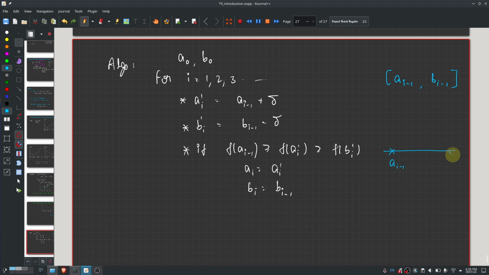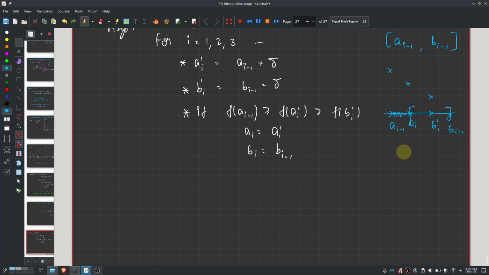So with A_{i-1}, B_{i-1}, A_i', B_i', the function value is decreasing. So I can definitely rule out this particular interval, and my new search space becomes this particular interval.